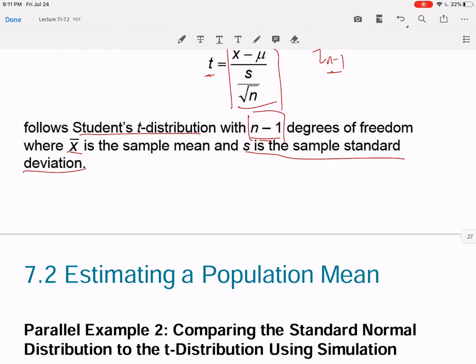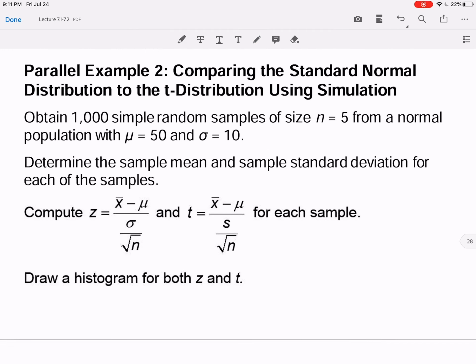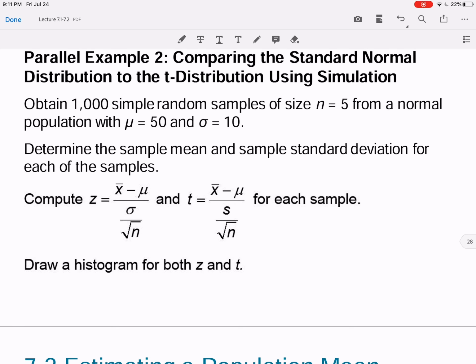Now, once we know the definition of t-distribution, let's take a look at the difference between the standard normal distribution and the t-distribution. Obtain 1,000 simple random samples of size n is equal to 5 from normal population with mu 50, population standard deviation is 10.